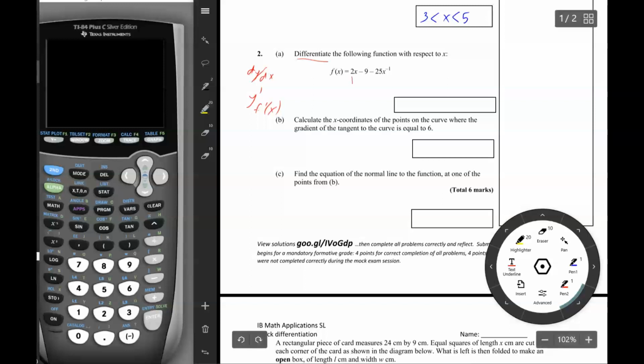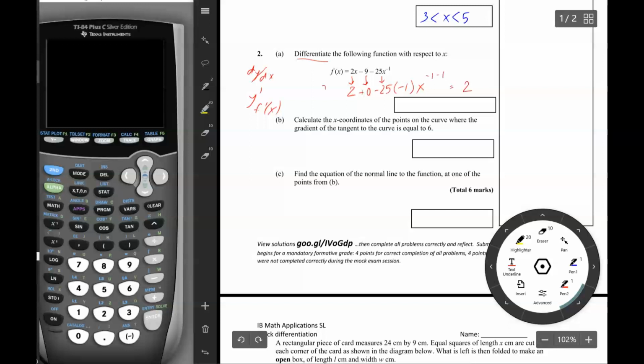Okay, so differentiate the following function. And remember, when I take the derivative of 2x, the derivative is just 2. The derivative of negative 9 is just 0. The derivative of negative 25x to the negative 1 is negative 25, and then we bring down the negative 1, and then we have x, and then the negative 1 gets reduced by 1, so it actually becomes negative 2. So I'm going to rewrite the function now.